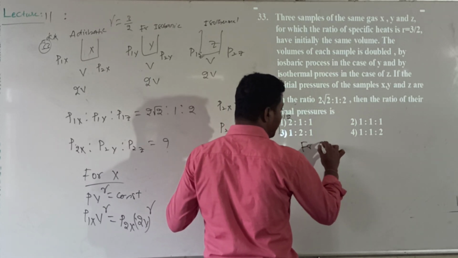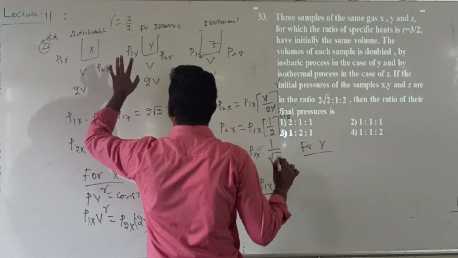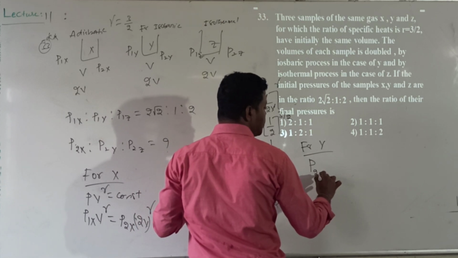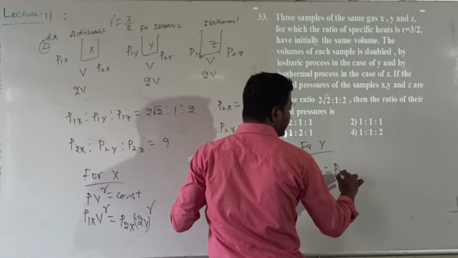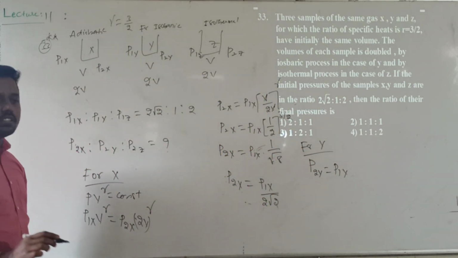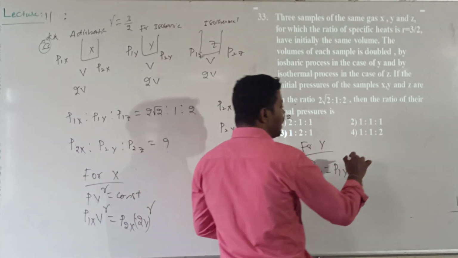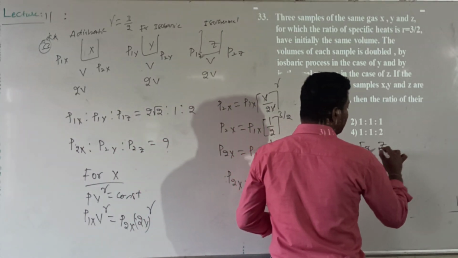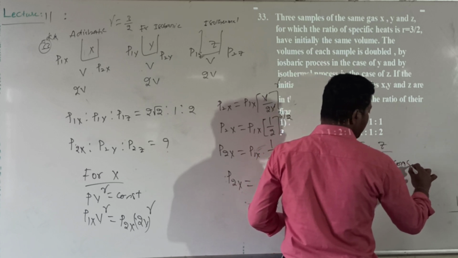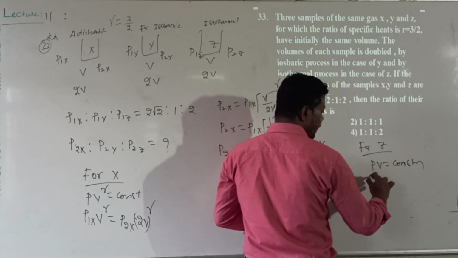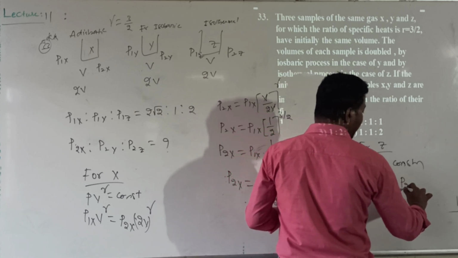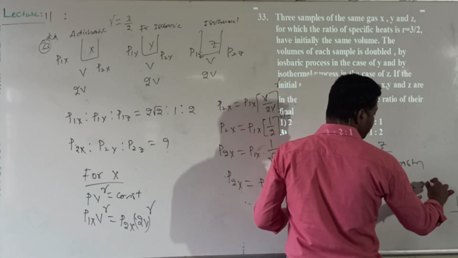Similarly for Y. Y is an isobaric process. Isobaric means the pressure value remains constant. That is, P2y value is equal to P1y because pressure is constant. So Y is over. For Z, isothermal. Isothermal means PV is constant. So P1z into V is equal to P2z into 2V.